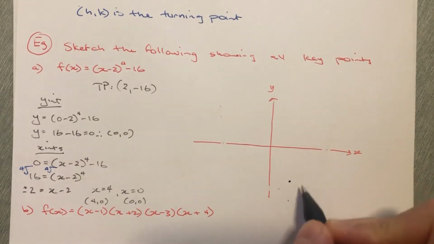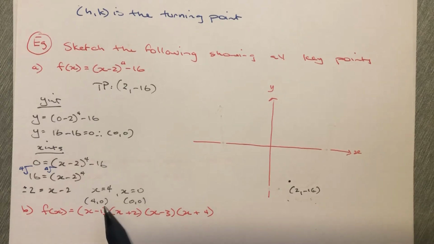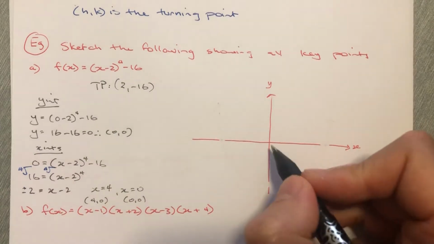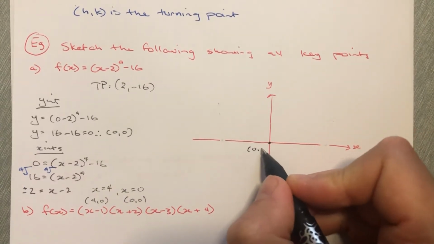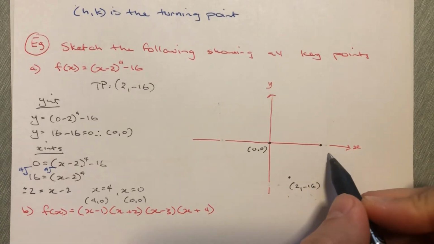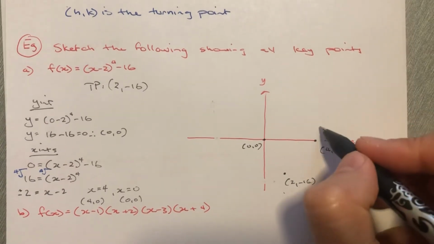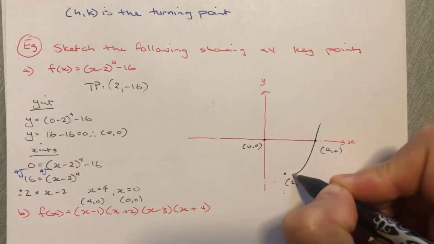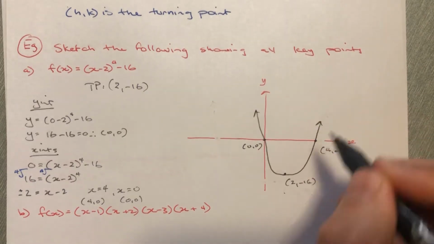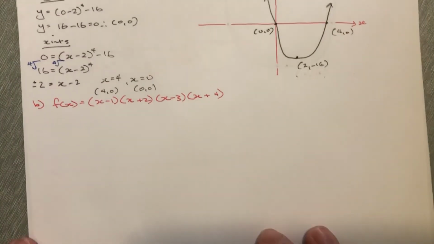Let's say it's here. I have an x-intercept at 4 and I have an x-intercept at 0. The y-intercept is also at 0. So there's that spot, x and y-intercept, and 4 would be somewhere around here. There we go. Let's make sure we get that nice kind of buckety shape at the bottom as well. There we go. So that's a little bit better. Cool, let's move on to the next one.